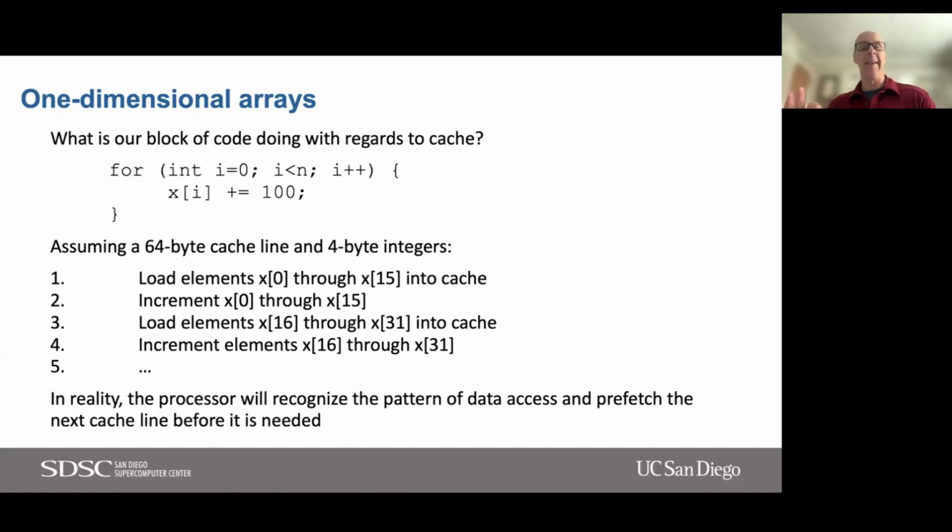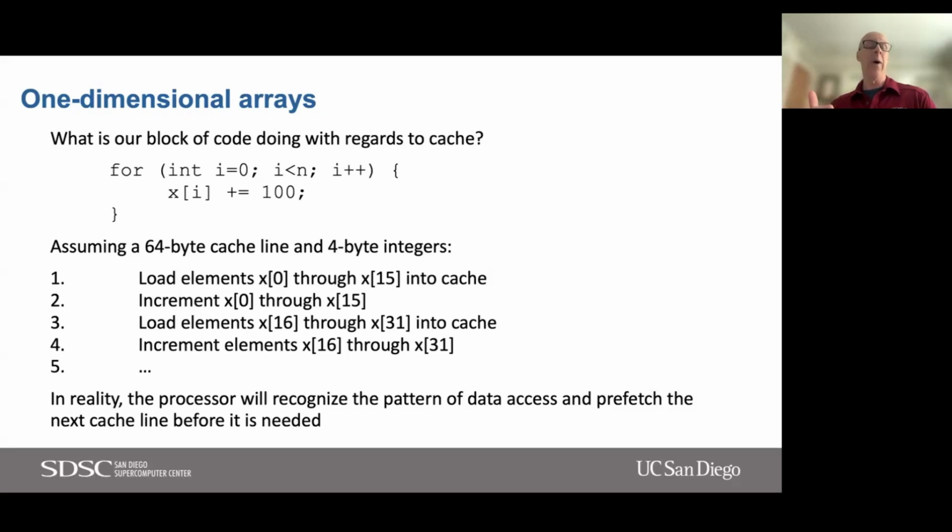Assuming a 64-byte cache line and 4-byte integers, once we enter the loop, we're going to take elements x0 through x15 and load them into cache. So they're going to reside in the L3, L2, and L1 caches. Then we're going to increment x0 through x15.